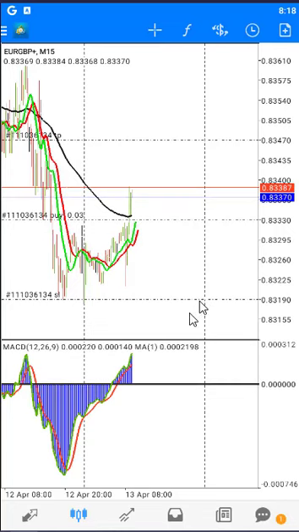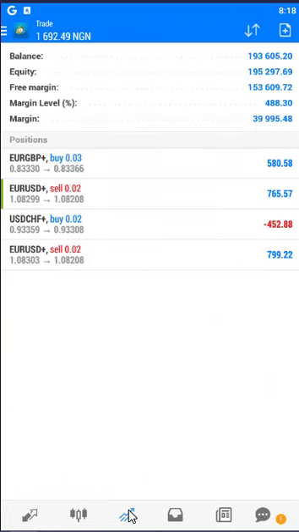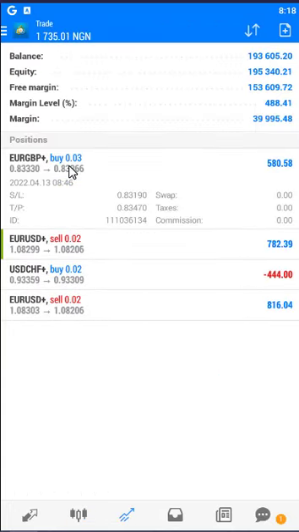Now back to our trade here. Let's see the number of pips, just like we did earlier. Remember, this is the entry price, this is the stop loss amount, and this is the take profit amount. Let's do it for the take profit. This is 0.83, 0.83. The changes started from here. This is straight 3, right?